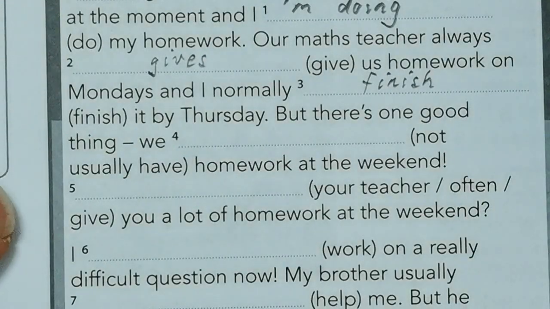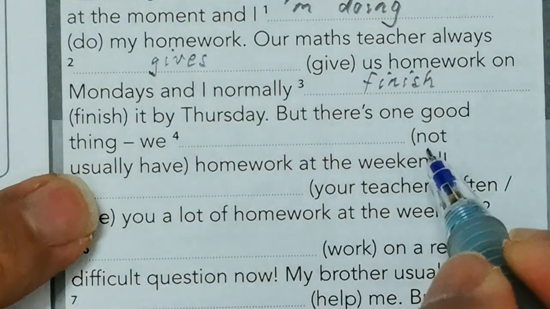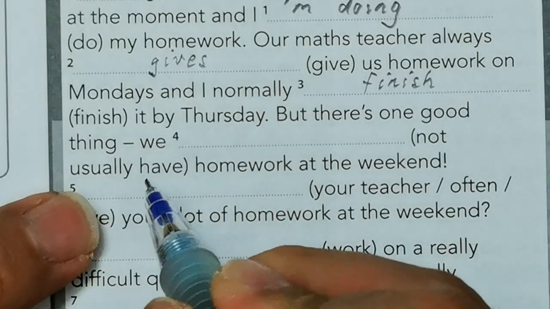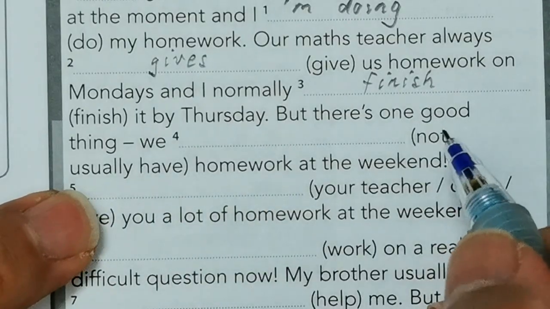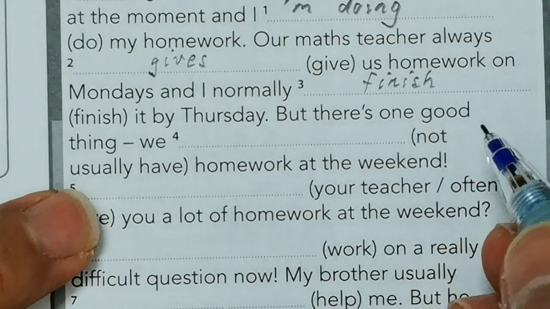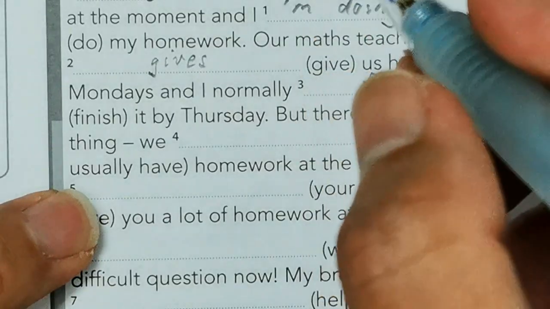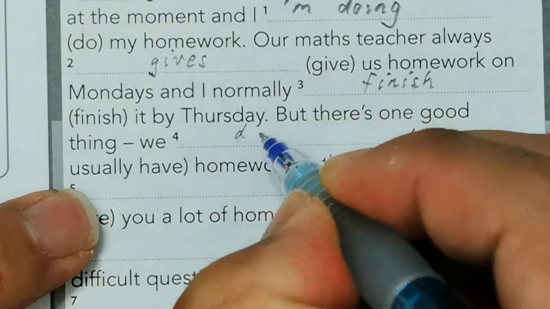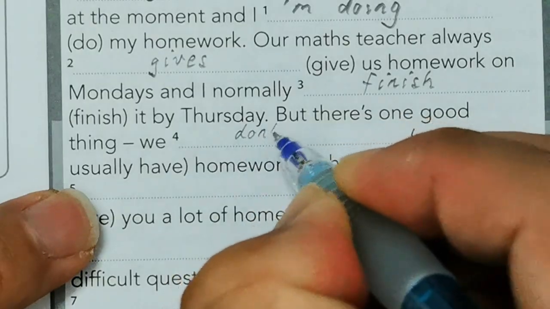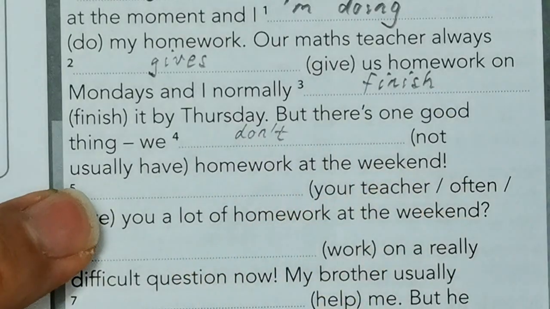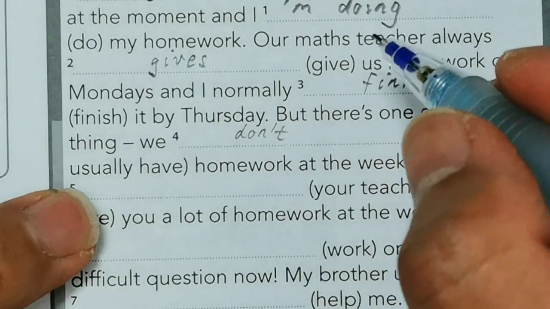But there's one good thing we not usually have. So not usually, we need to use don't. So don't usually. So we don't usually have.